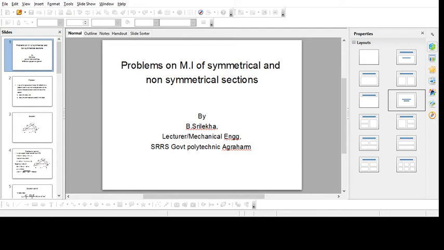Now what should we do next? We should find the centroidal distances between each section and the centroid of the given composite figure, right? That is nothing but hx1, hx2 and hx3 first.